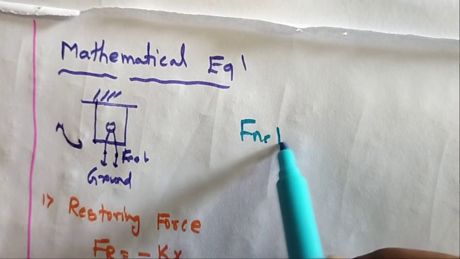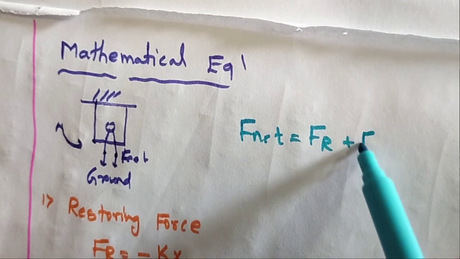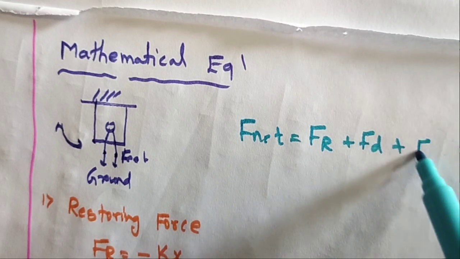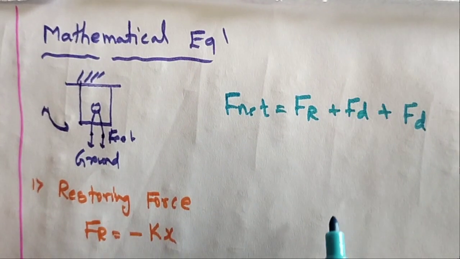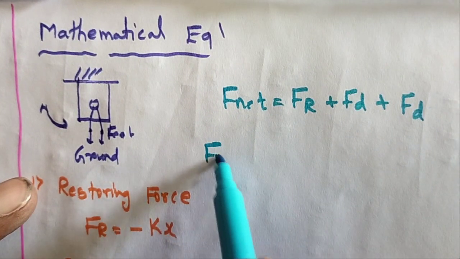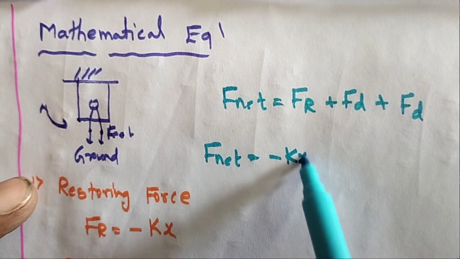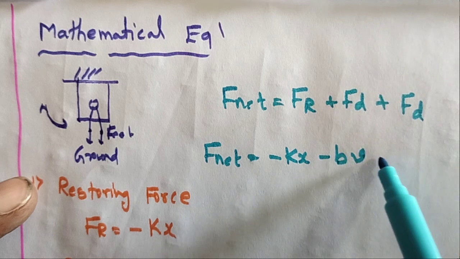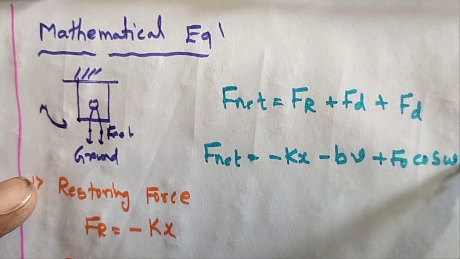F net is equal to the restoring force, plus the damping force, plus the driven force. Therefore F net is equal to minus Kx minus Bv plus F naught cos omega dt.